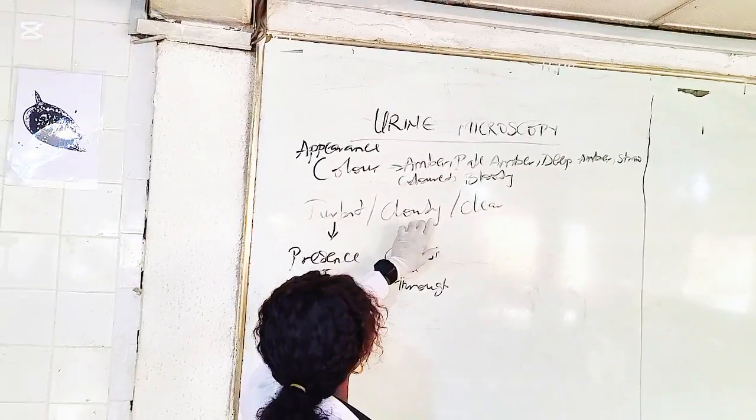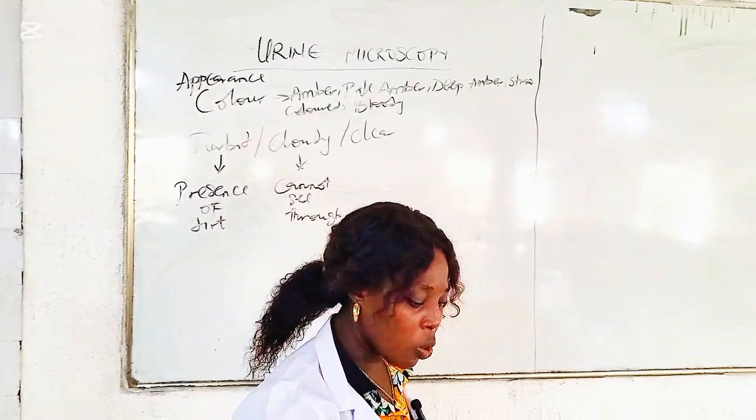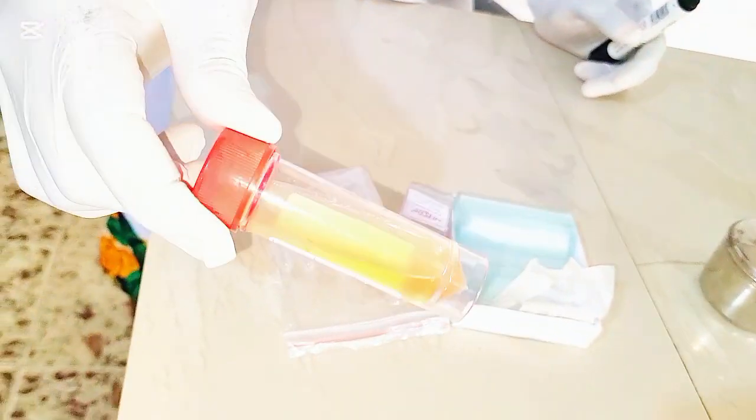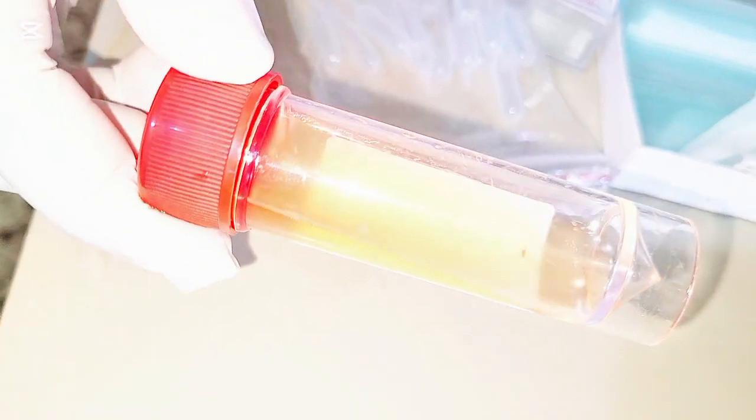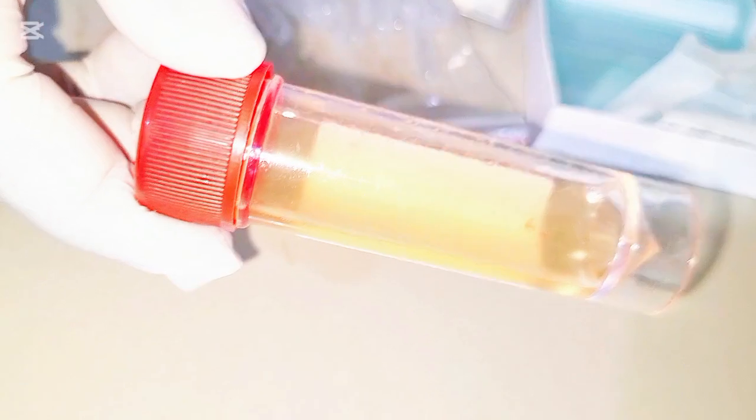If it's none of these two, then the urine is clear. So we want to check now: this urine, is it clear? Is it cloudy? Is it turbid? If you look very well, you find that this urine is turbid. You can see some particles inside.